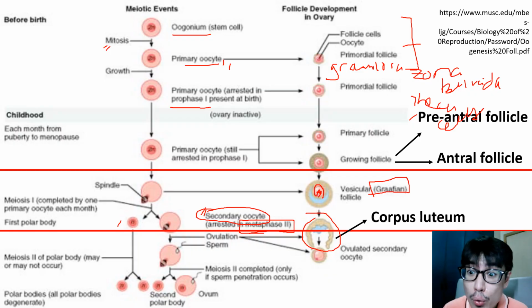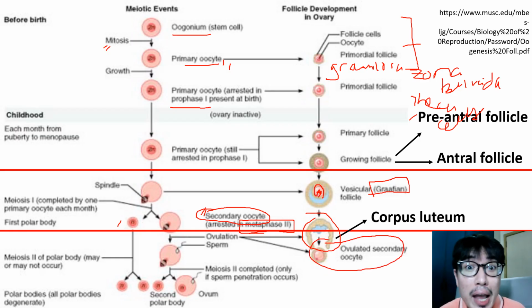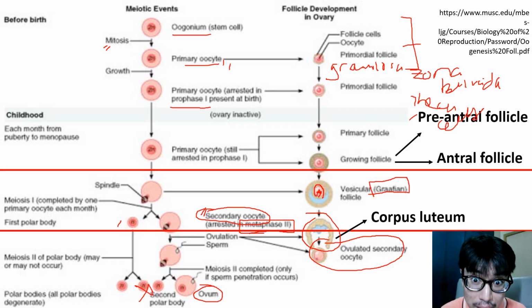Meiosis 2 is only completed if the secondary oocyte becomes fertilized. As in meiosis 1, by the end of meiosis 2, one daughter cell retains nearly all of the cytoplasm, and the other daughter cell, called the second polar body, is again very small and non-functional.